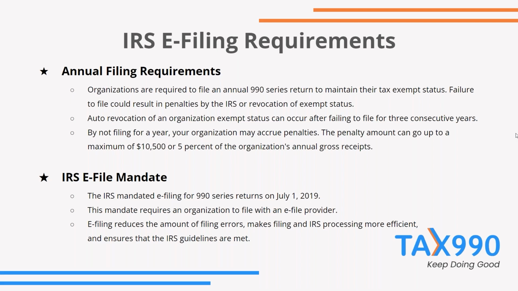E-filing reduces the amount of filing errors and helps ensure that the IRS guidelines are met, meaning calculations are more accurate and information provided matches information in the IRS database. It makes filing and IRS processing more efficient and provides a quicker turnaround time on updated form status.